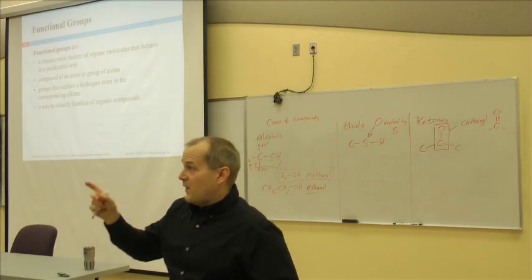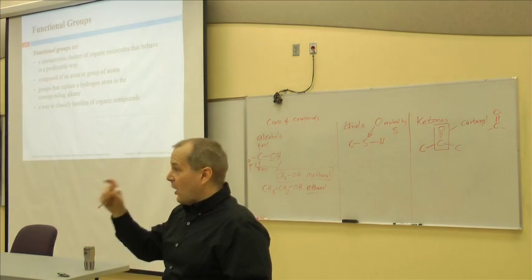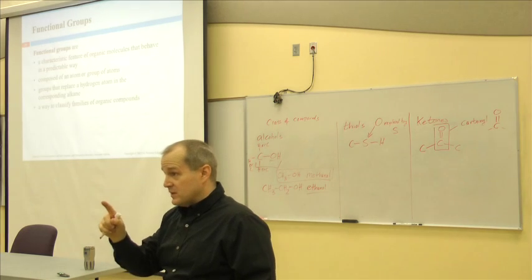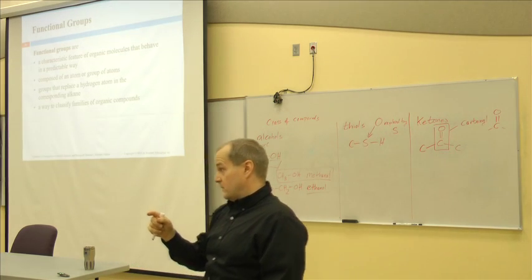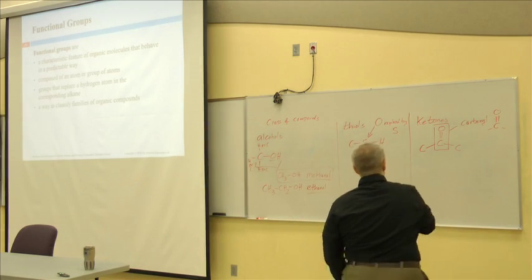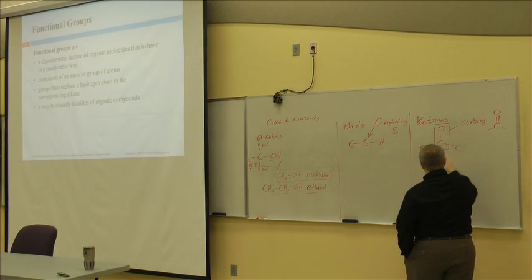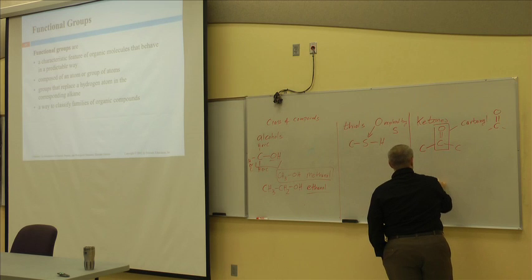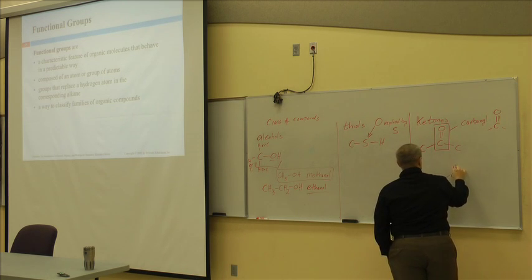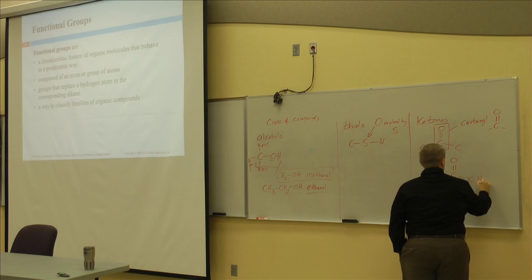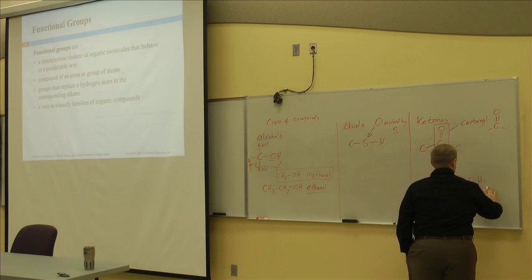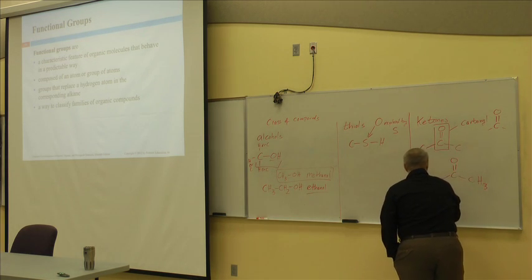Now, if on the left and the right hand side of a carbonyl are carbons, that's a ketone. Okay? So we have our carbonyl right here. Carbon here, carbon there. That's a ketone. An example of a ketone. That's called 2-propanone.